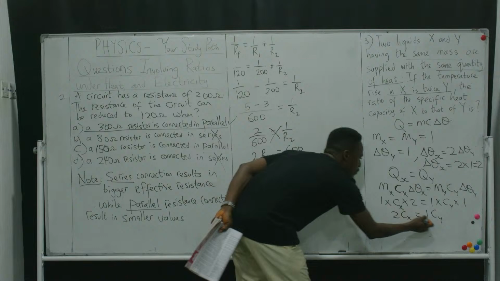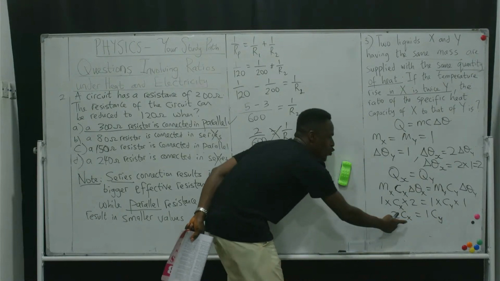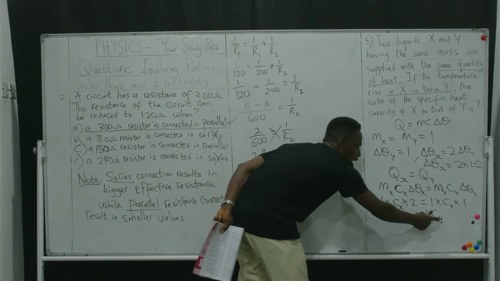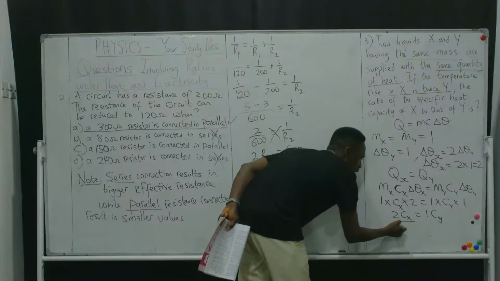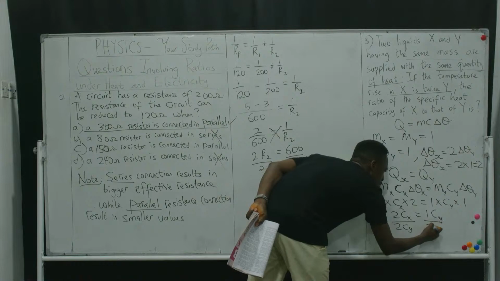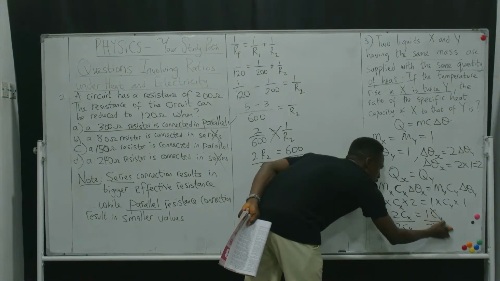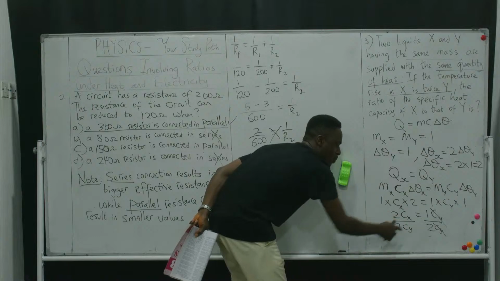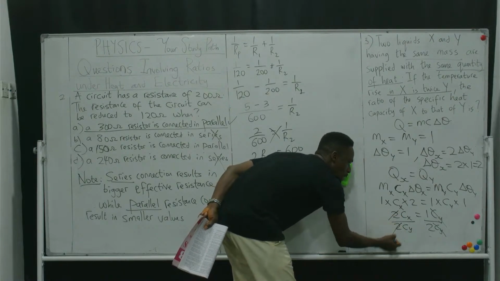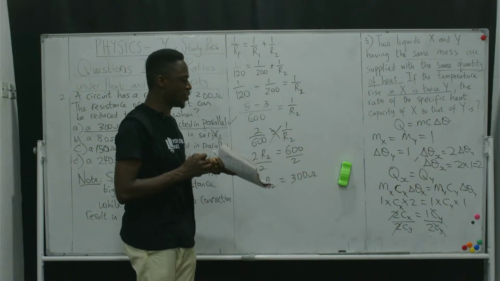When you divide both sides, remember, you want to remove 2 away from here, and you want to remove CY from here. So that's why you have to divide both sides by 2CY. CY will cancel out here, remaining the numbers. Here, the number cancels out, remaining the alphabet. Note the interchange.